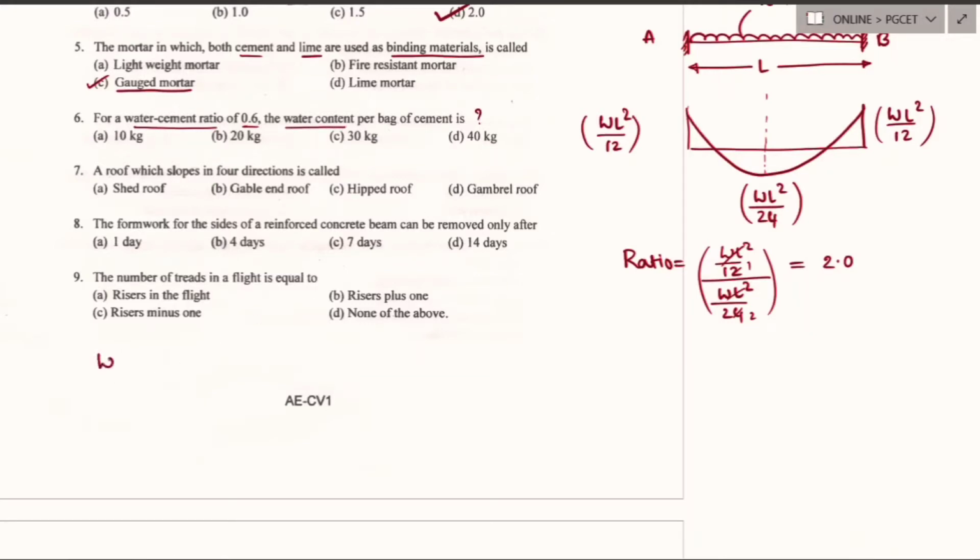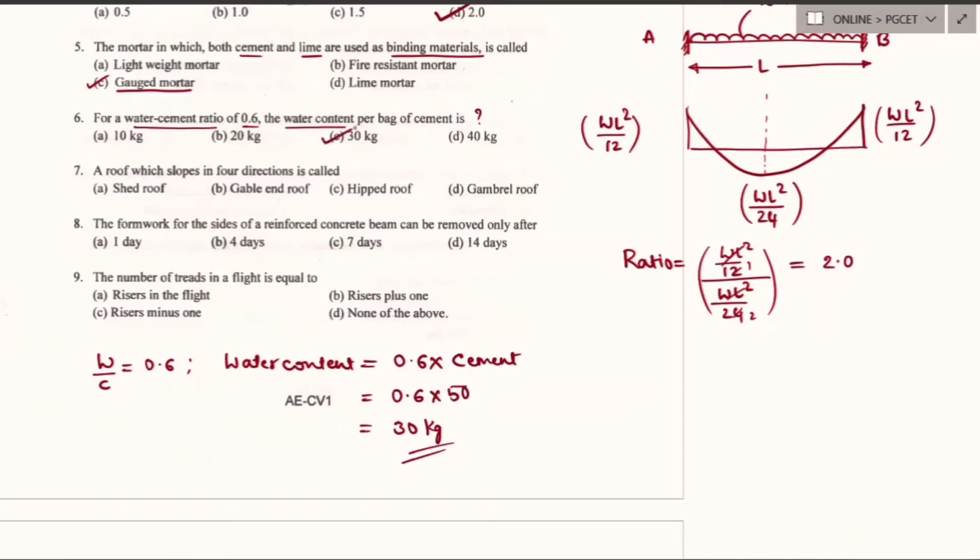Given that water cement ratio is 0.6, to find the water content per bag of the cement, water content will be 0.6 times the quantity of cement. Therefore, cement will be 50 kg per bag. So 0.6 multiplied by 50, water content will be 30 kg. So option C is the right answer.